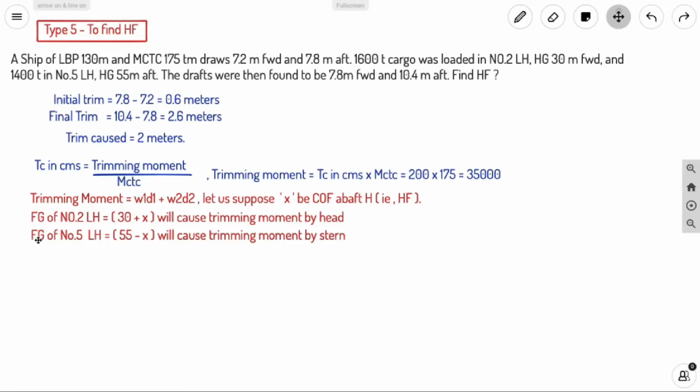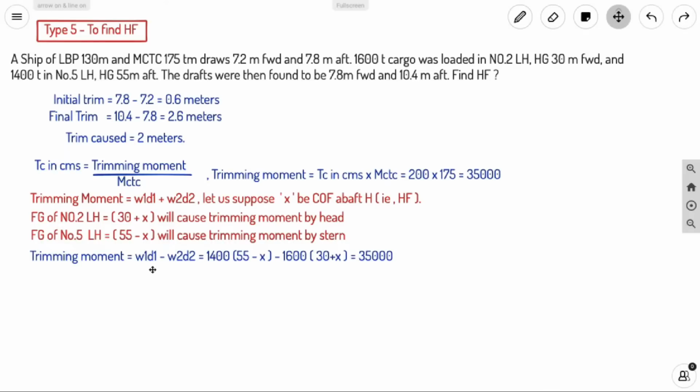Similarly, for the center of flotation to center of gravity of number 5 lower hold, it is 55 meter aft of midship, and we are supposing our COF X meters aft of midship. So it is 55 minus X, and since we are loading aft, it will cause a trimming moment by stern. We know W1 and W2, that is 1600 ton and 1400 ton, and we know the whole trimming moment, that's 35,000.